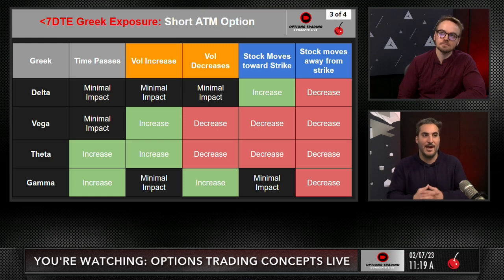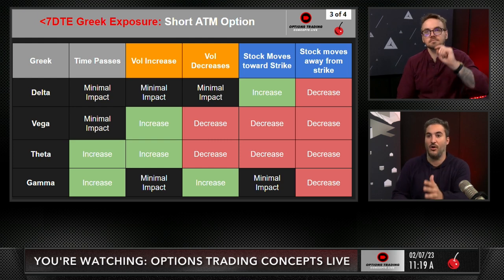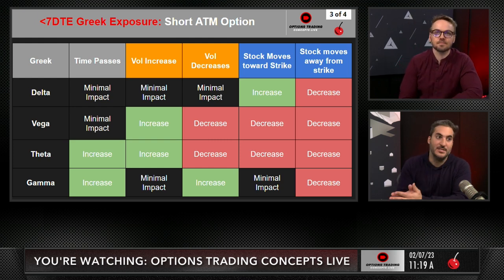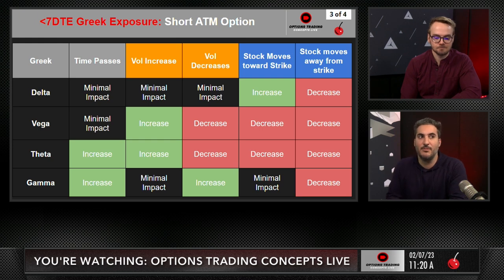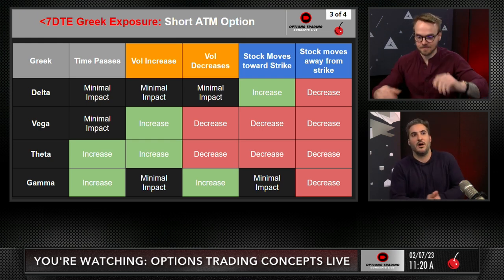So as time passes, the biggest things that'll change will be your gamma exposure, which is the rate of change of delta, and your theta will increase as well, because we know that those at the money options are going to hold value up until expiration. That's why straddles decay slower than strangles on a percentage basis. So for vol changes, like increases and decreases, you're going to see minimal change in your delta exposure across the board.